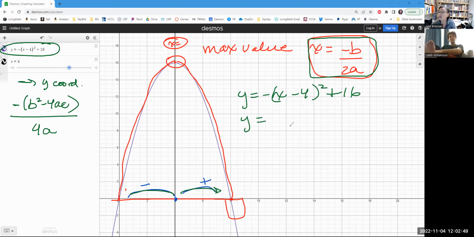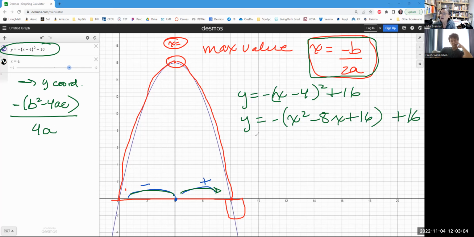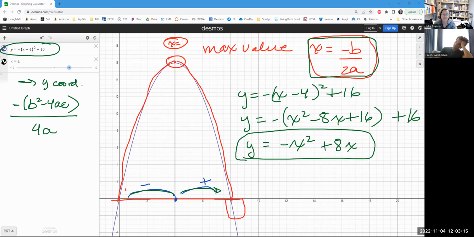If I square this, I get y is equal to negative x squared plus 8x minus 16 plus 16, and the 16 is just going to leave me this, right?